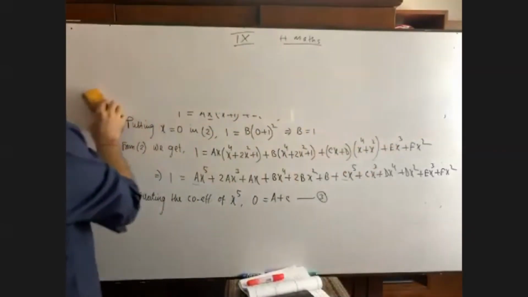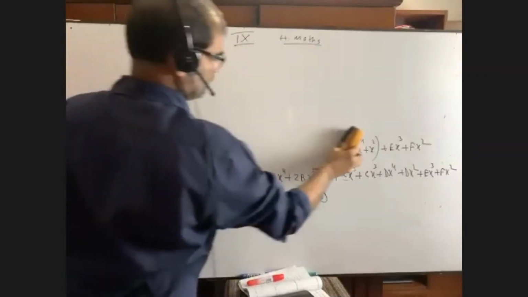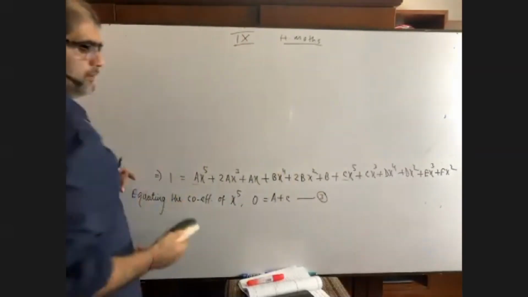We know only b equals to 1, but we don't have any b in the last equation. Not a matter.